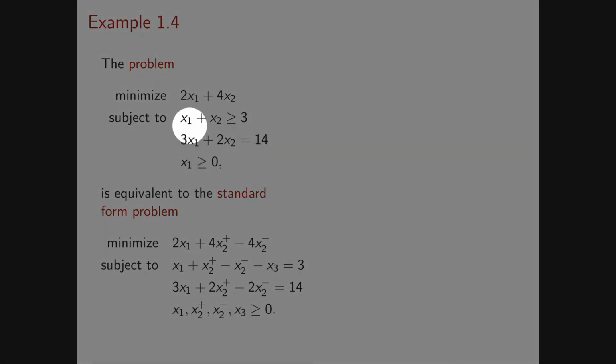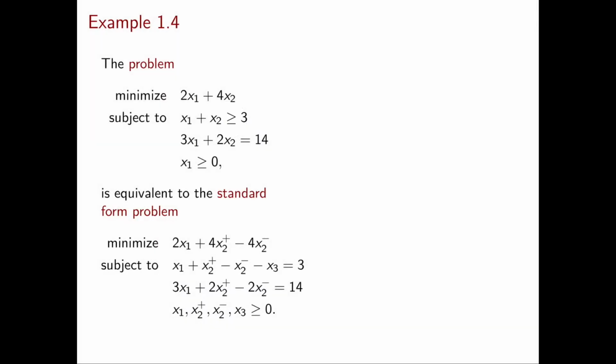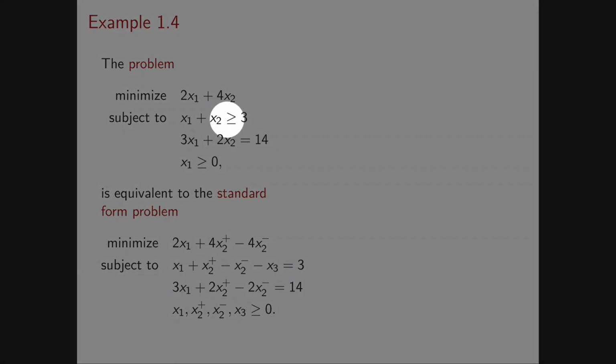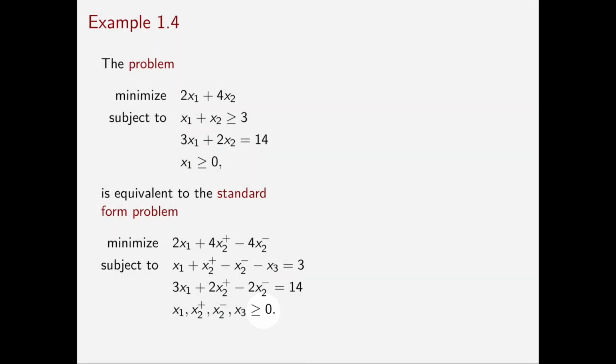But the first constraint is of the form greater than or equal to, so we need to introduce a surplus variable, and we're going to add to the left-hand side minus this surplus variable x3, and we can then transform the inequality into an equality constraint. And of course, we shouldn't forget to have also x3 greater than or equal to 0 in our constraints.